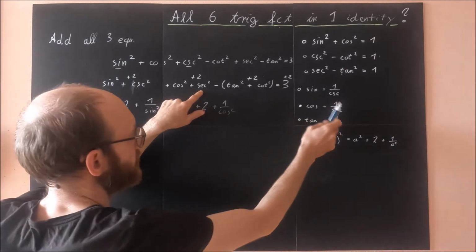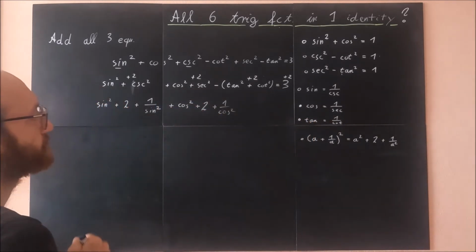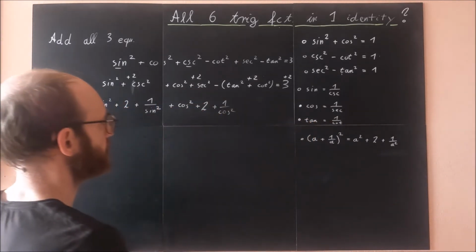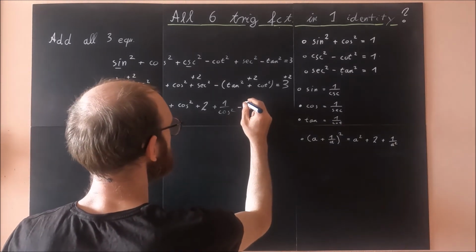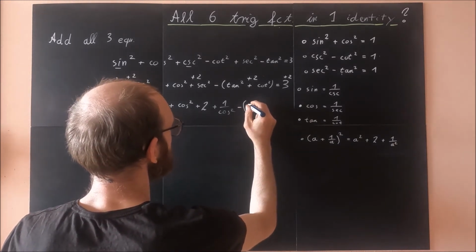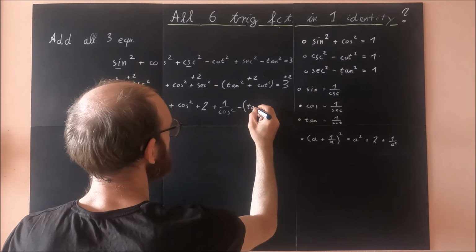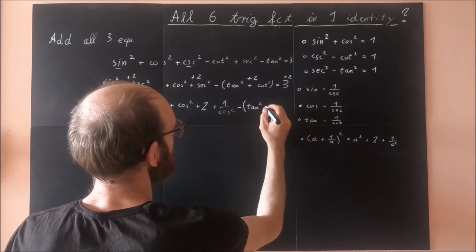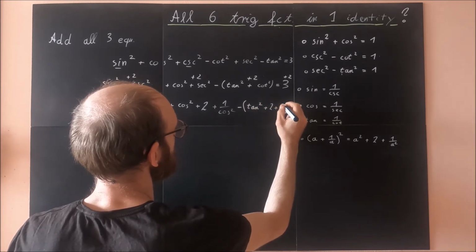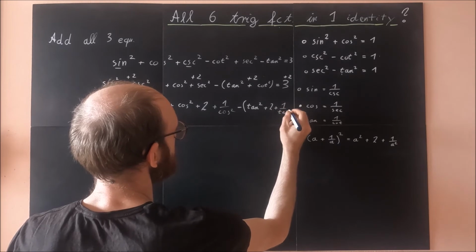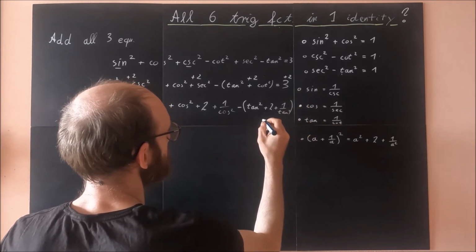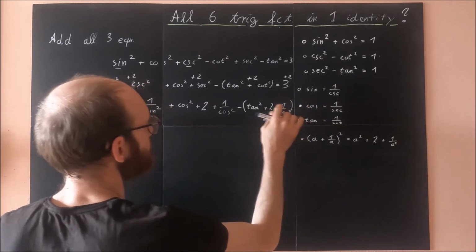Remember, secant squared is 1 over cosine squared. Minus tangent squared plus 2 plus 1 over tangent squared equals 5.